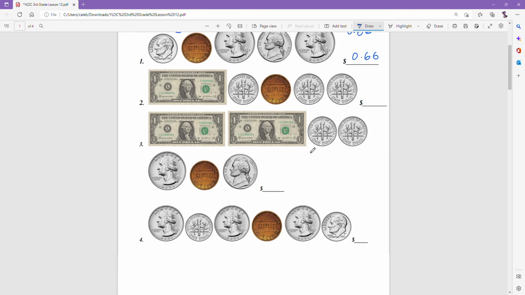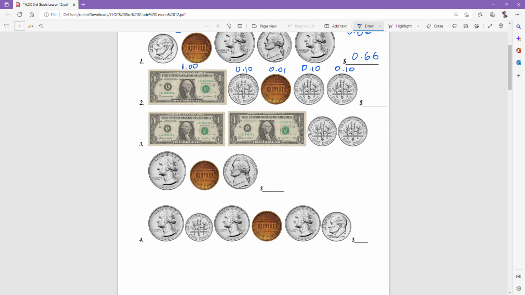Let's look at number 2 here. So we have $1, which is just 1, or 1.00, which is just the same thing. We know a dime is 10 cents, 0.1. We know a penny is 1 cent, so it's 0.01. We have 2 more dimes. We know they're both 10 cents.